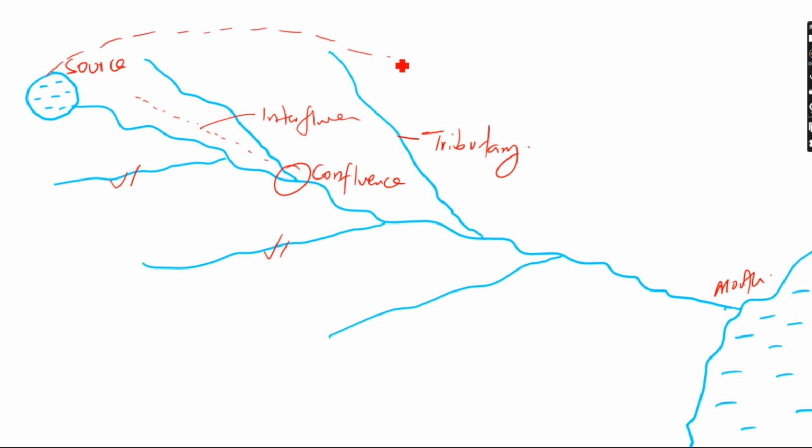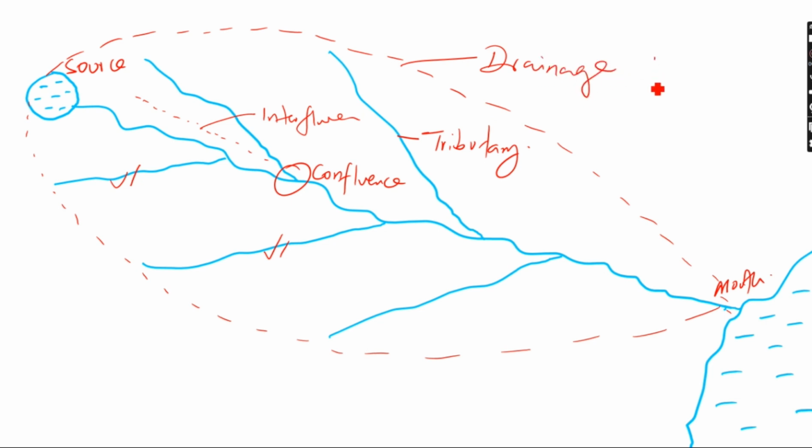And we have seen that a drainage basin is basically the entire area which is drained by a river and its tributaries. So here, this dotted line is showing the drainage basin for this particular river.